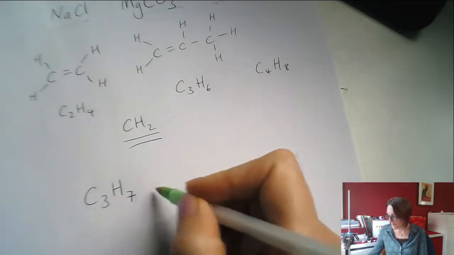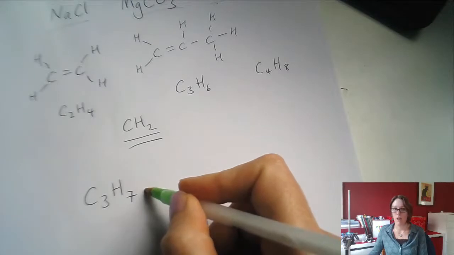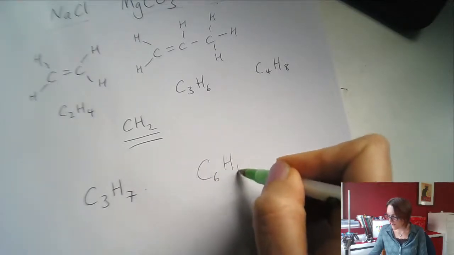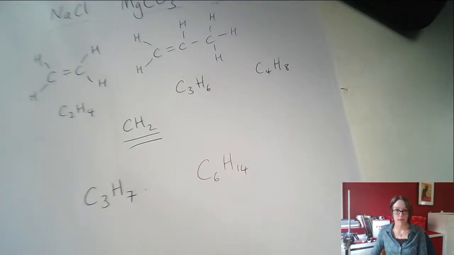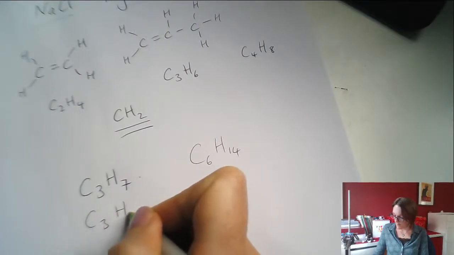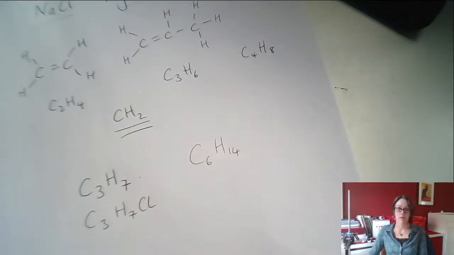So that isn't a real formula of a real molecule, but I could have C6H14. That would work absolutely fine, and that's the formula of hexane. So if you're doing an empirical formula and you see odd hydrogens, the only time you can have an odd hydrogen is if you replace the hydrogen with a halogen.